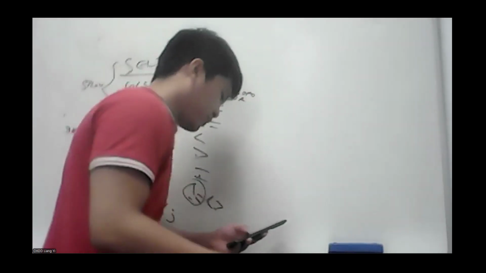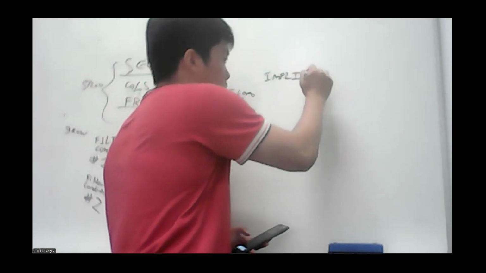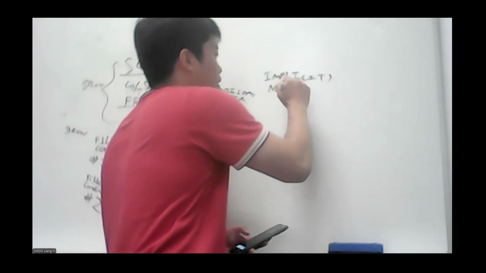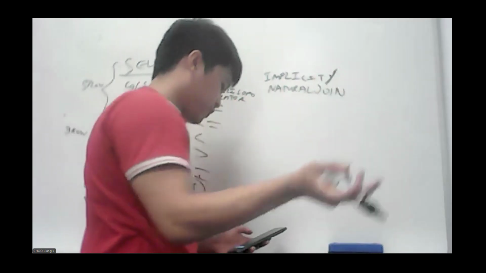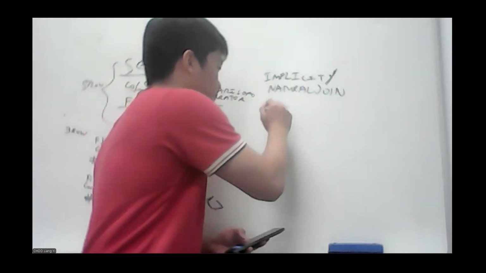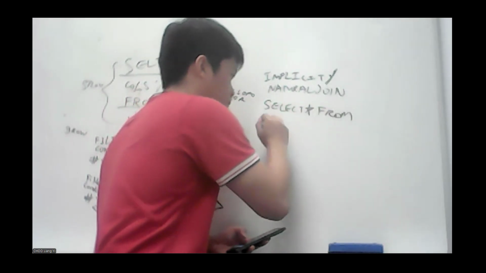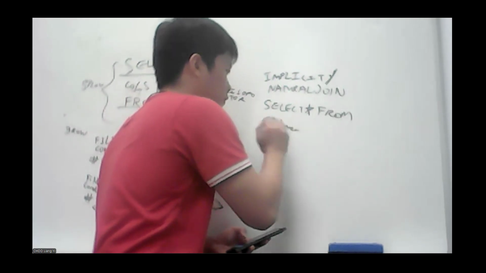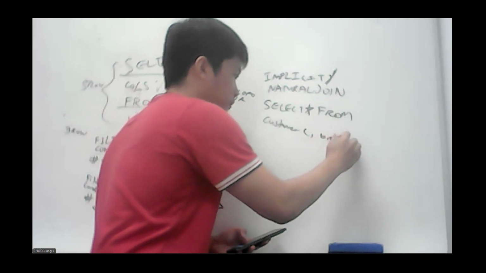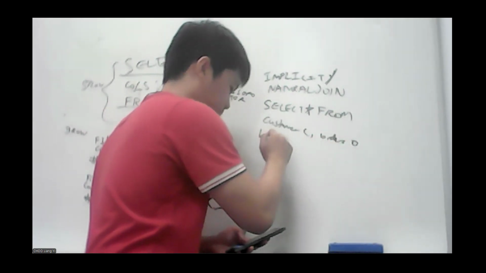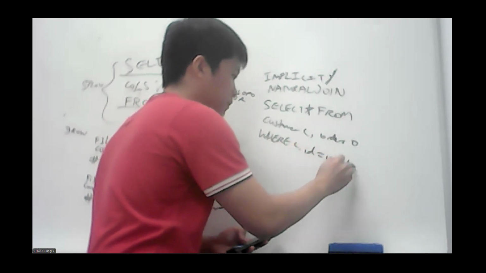First one, she covers implicit or natural join. Implicit or natural join. This one: select star from customer table alias as C, orders table alias as O, where C.id equals O.id.